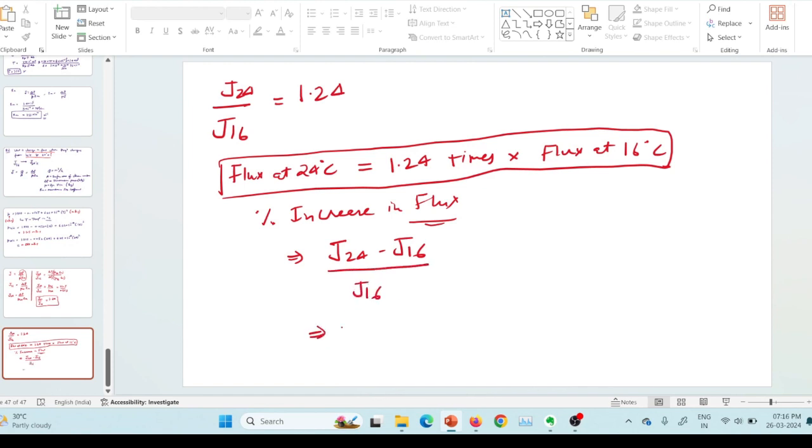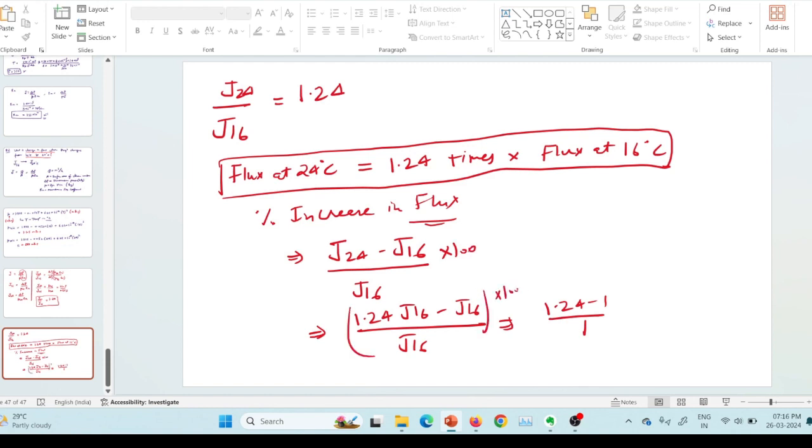So J at 24 will be 1.24 of J16, minus J16, divided by J16. So it will be 1.24 minus 1, into 100. So the increase will be 24%.